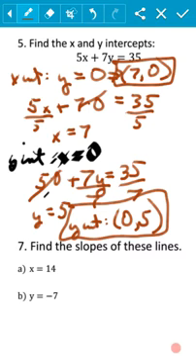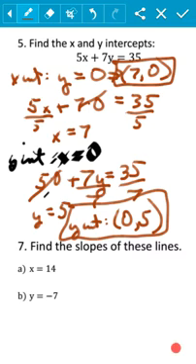On number 7, let's find the slope of these lines. X equals 14 is a line that has no y variable in the equation. So x equals 14 goes through the x-axis at x equals 14, and everywhere up and down that line it is x equals 14.